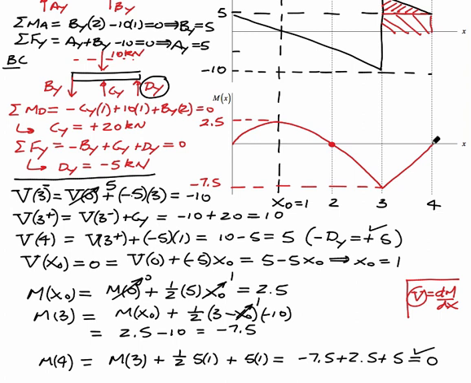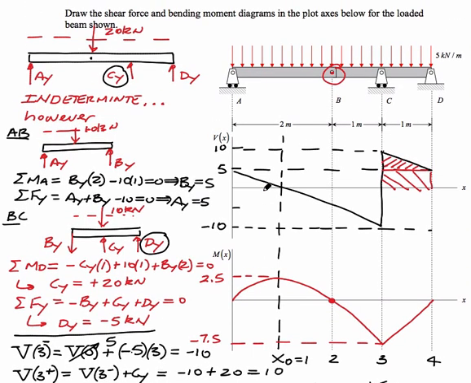So in summary on this problem, when we first looked at the beam, it appears to be indeterminate. But if we take advantage of that known information that there is a pin joint there at B, we can break it up at that point. We can solve for the reactions on each part. An important thing here is that when we found one force here, the equal and opposite one has to be there.